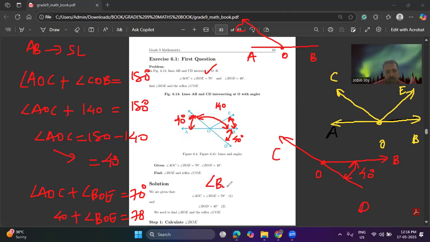So angle BOE is equal to 70 minus 40, that means 30 degree. So BOE is 30 degree. Next is reflex COE.